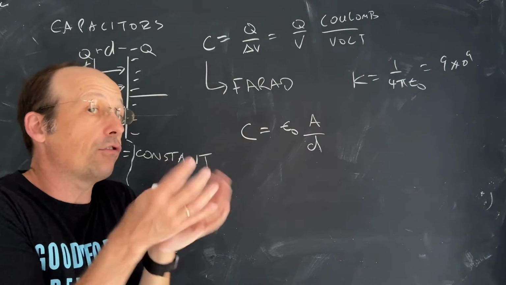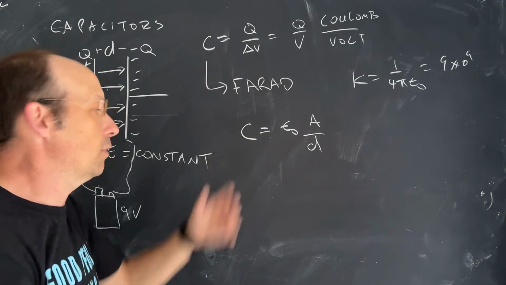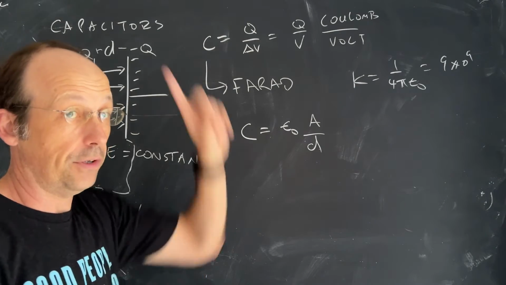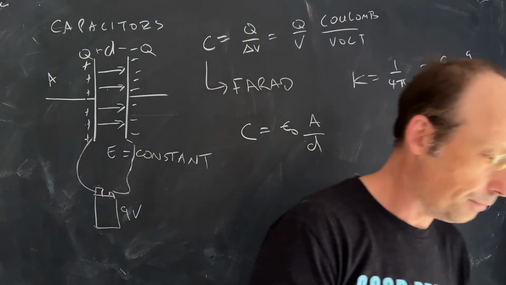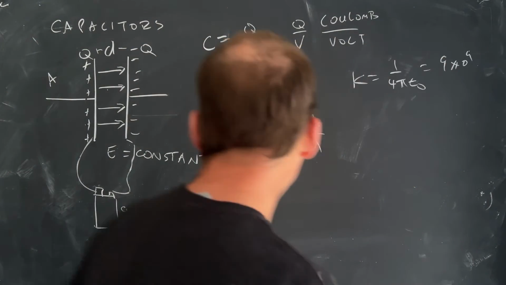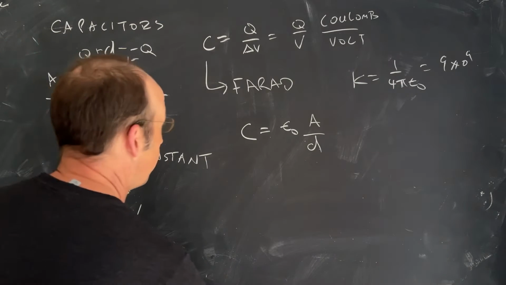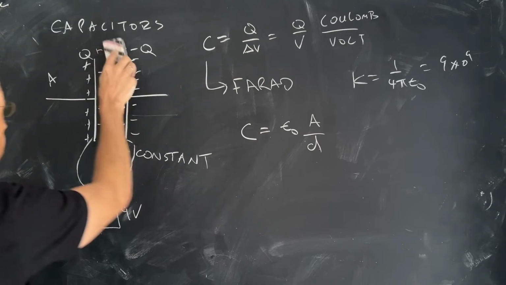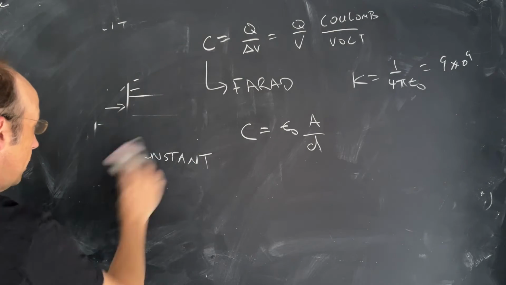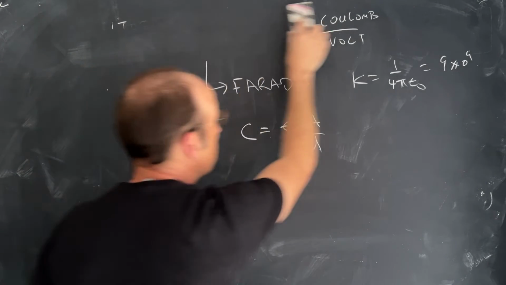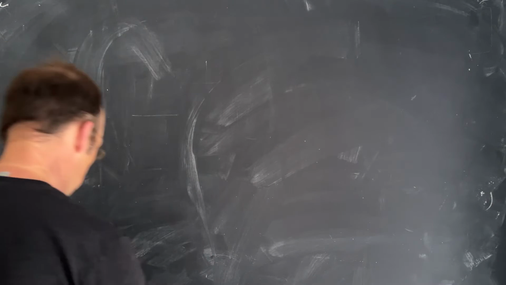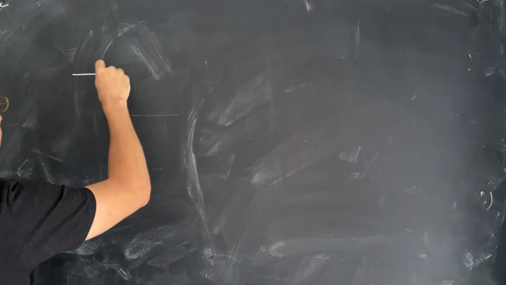Now, you can have other shapes of capacitors too, but the one that we're going to deal with is the parallel plate capacitor because it makes constant electric fields, and we like that. Let's look at a situation. Here I'm going to draw it way too big.